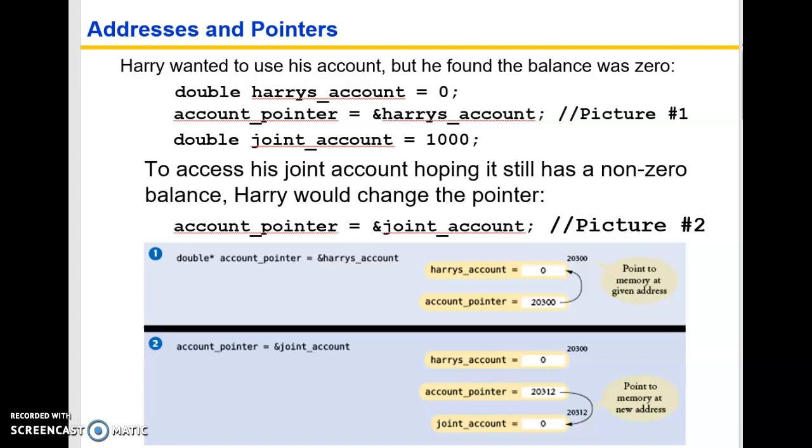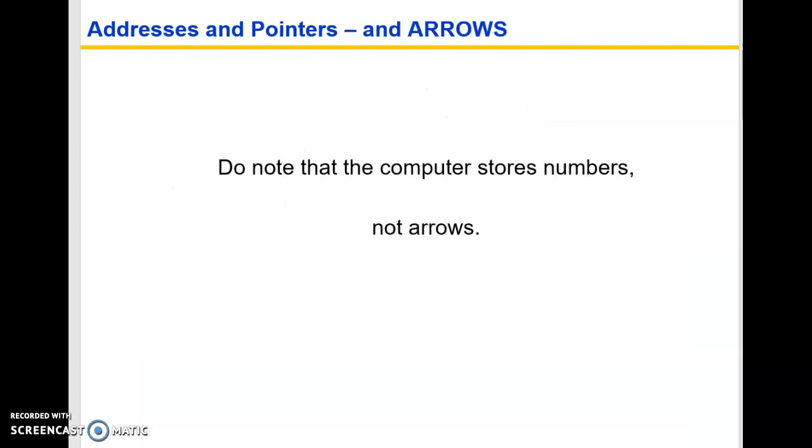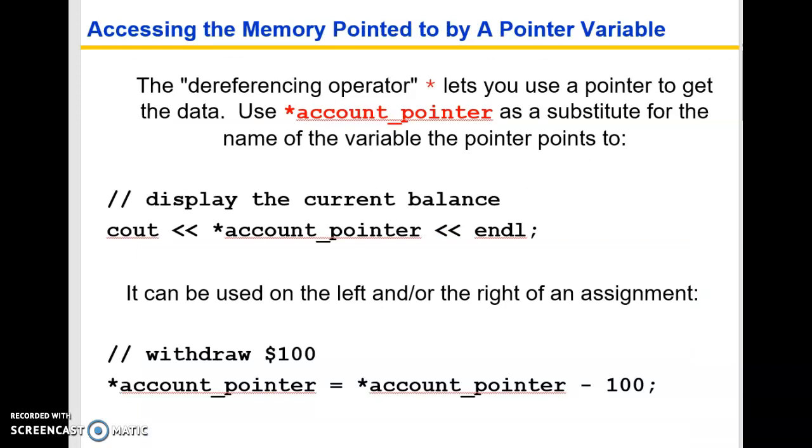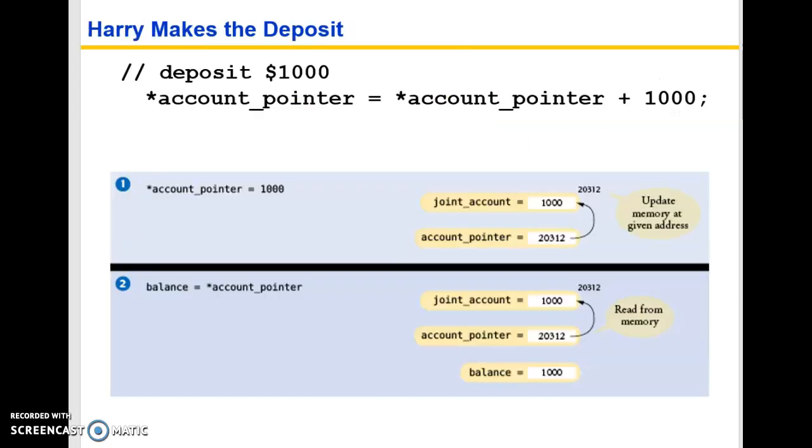When we use a pointer to find out what the balance is, all we have to do is look at the pointer and dereference it, saying, I don't want the pointer address, I want the actual value. And so this way we have the copy of a variable posted in two different places. And that's what's demonstrated by this example.